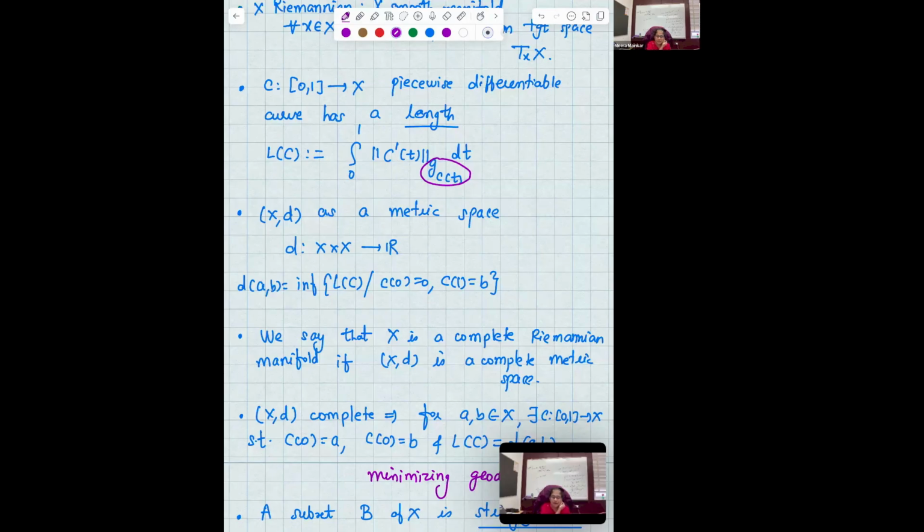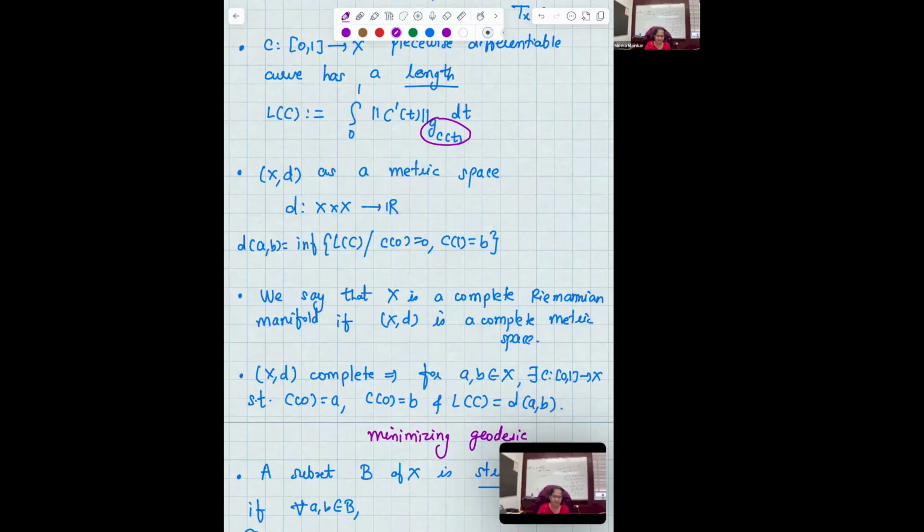And then you can view a Riemannian manifold as a metric space in the following way. You can define the function d, the distance function. So the distance between A and B: you take all the curves joining A and B, take their lengths, and take the infimum of that.